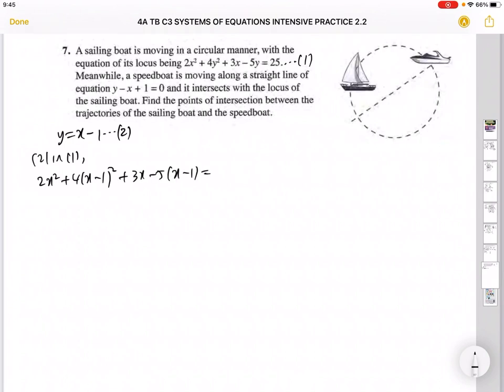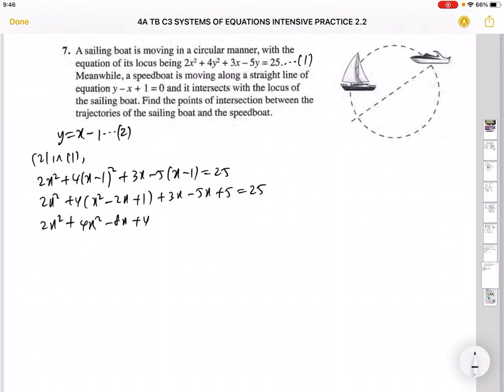Let us just expand. 2x squared plus 4, x squared minus 2x plus 1, this will be 3x minus 5x plus 5 equals 25. If you find I'm too fast, you can just slow down the speed. You can play back and slow down the speed. So multiply inside here, so it's 4x squared minus 8x plus 4, this is minus 2x plus 5 equals 25.